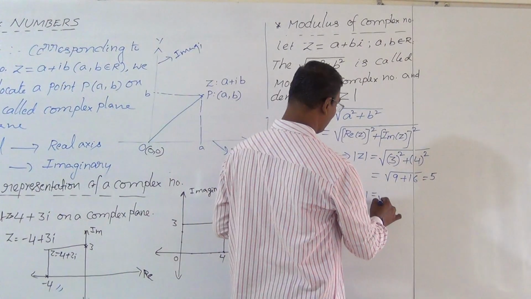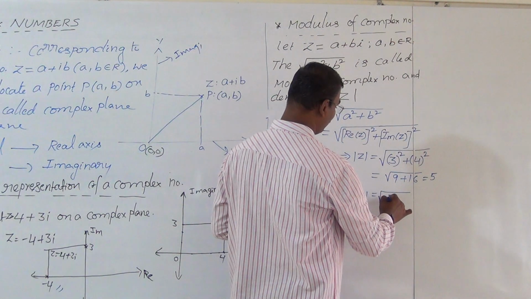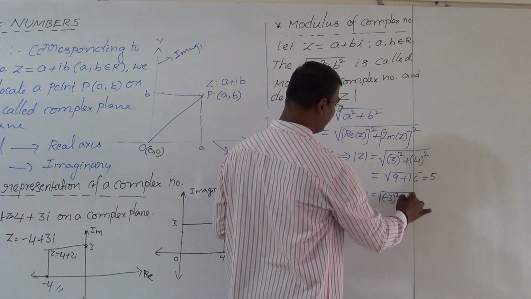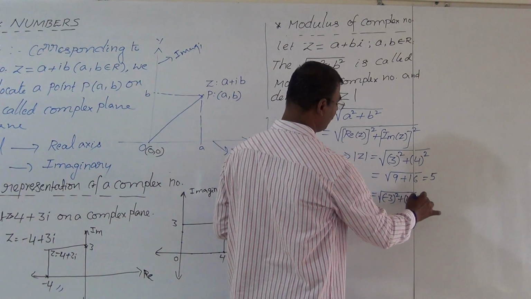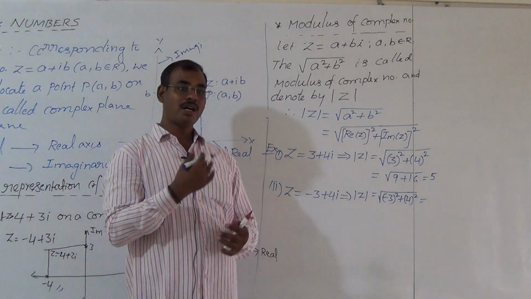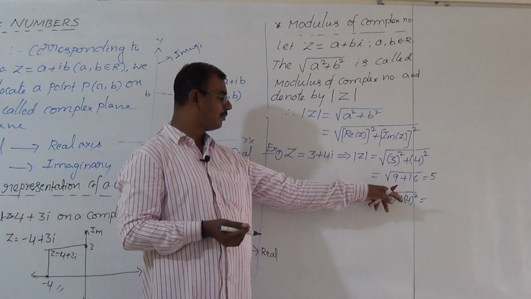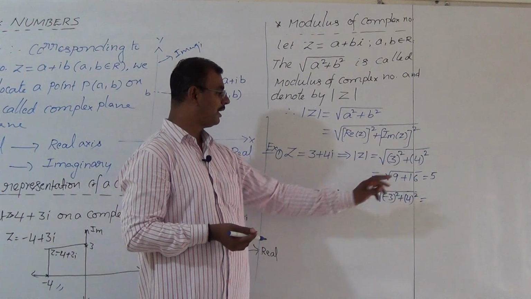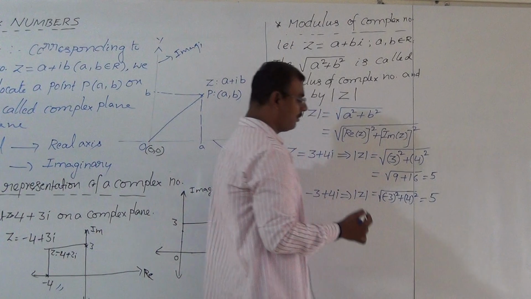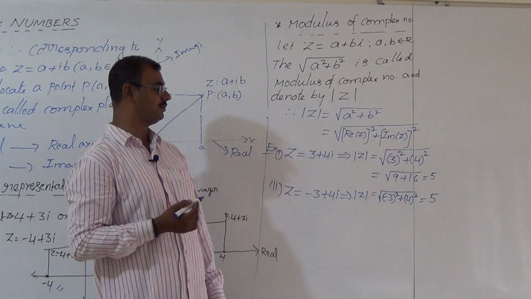So square root of minus 3 whole square plus 4 whole square, the imaginary part whole square. Minus 3 whole square becomes what? Positive. Why? Because the power is even. So 9 plus 16 is 25. Square root of 25 is 5.